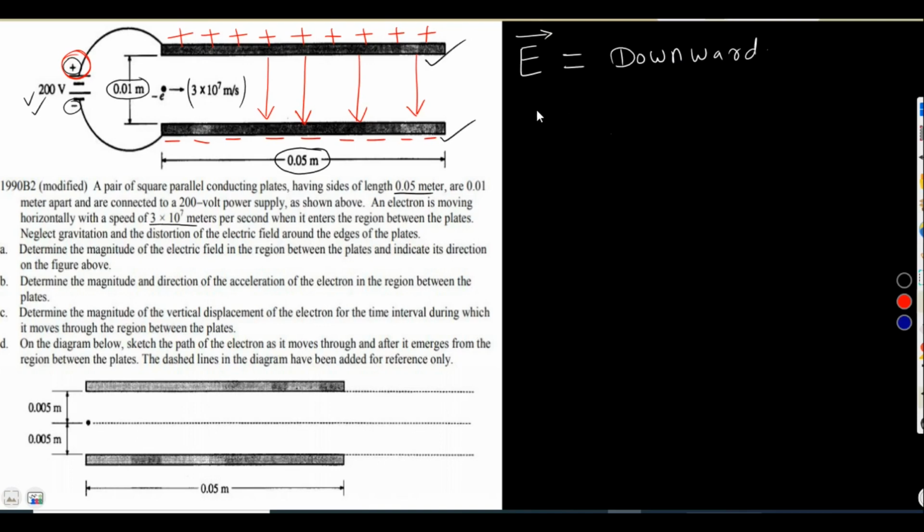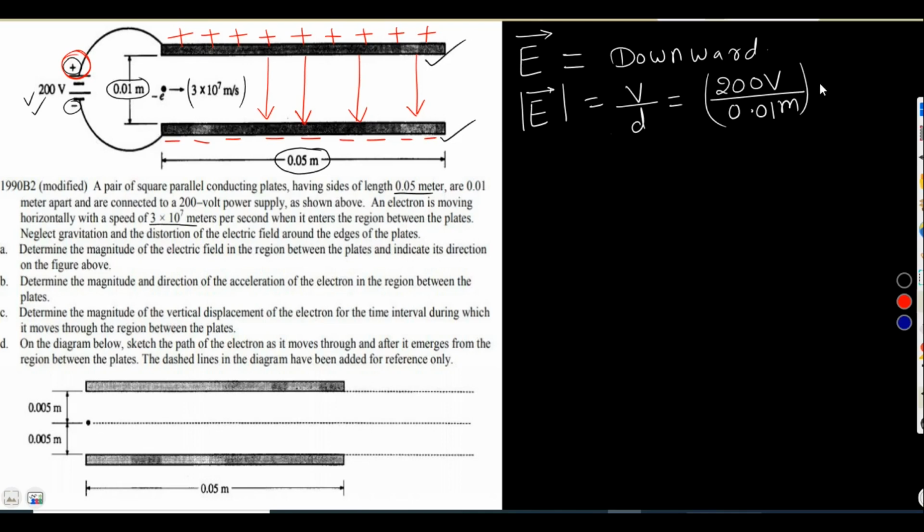And what will be its magnitude? The magnitude of E is equal to V upon d, potential difference upon the distance between them. The potential difference is 200 volt and the distance is 0.01 meter.